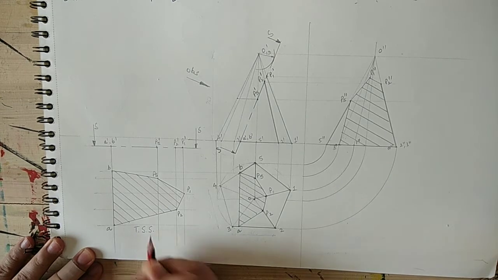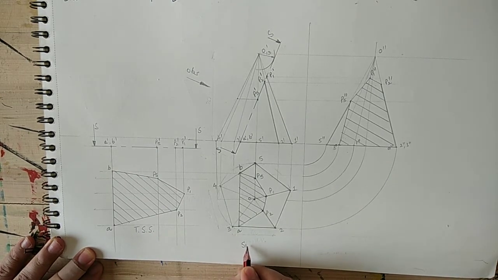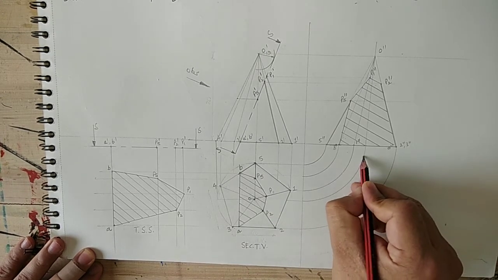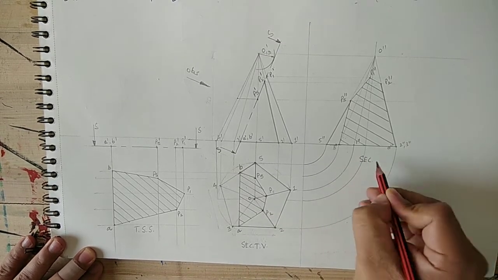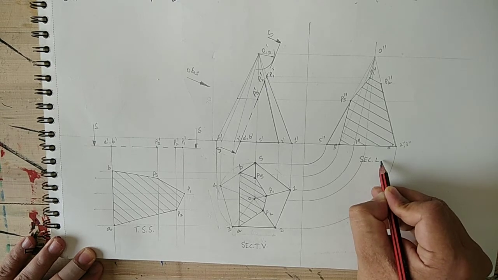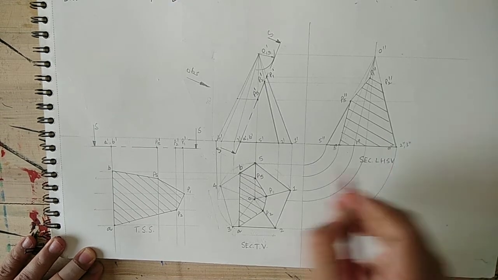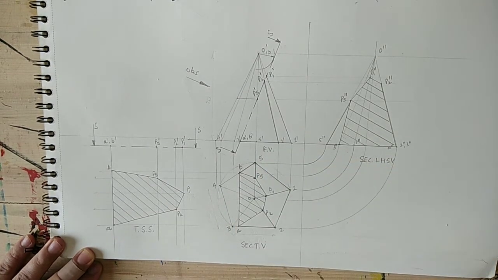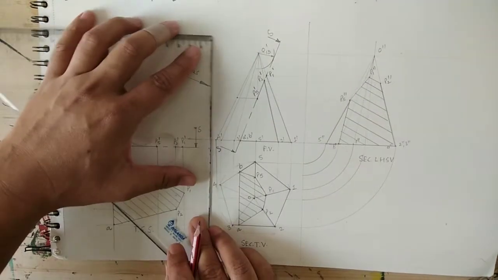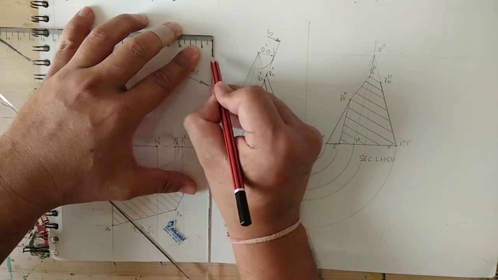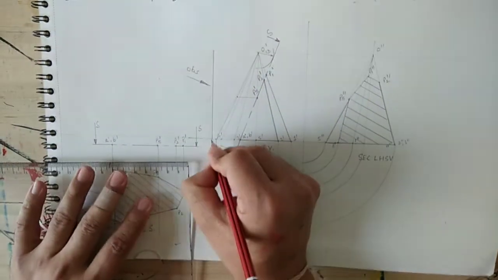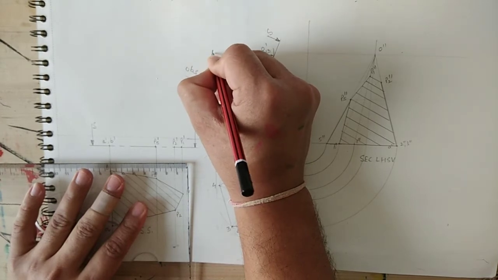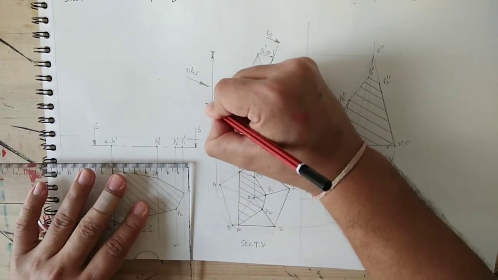True shape of section. This is sectional top view. This is sectional left hand side view. This is front view. Now give dimension. Total height, 80.